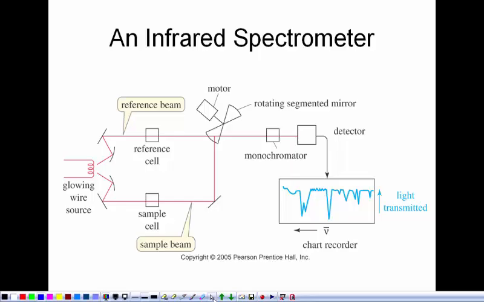With the computerized instrument, we can now flip everything right side up, but nobody does. It's always still upside down. So the spectrum will usually go from about 4,000 wave numbers to about 600. You'll see that when you look at some example spectra. That's what we look at.